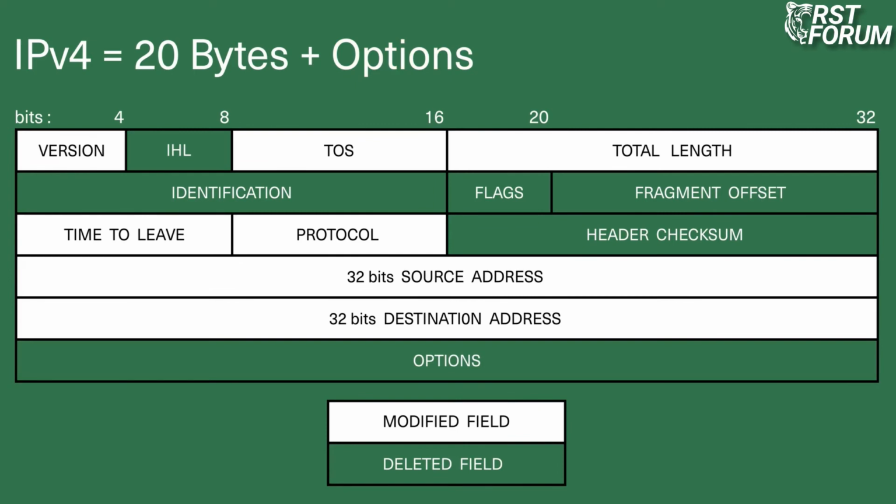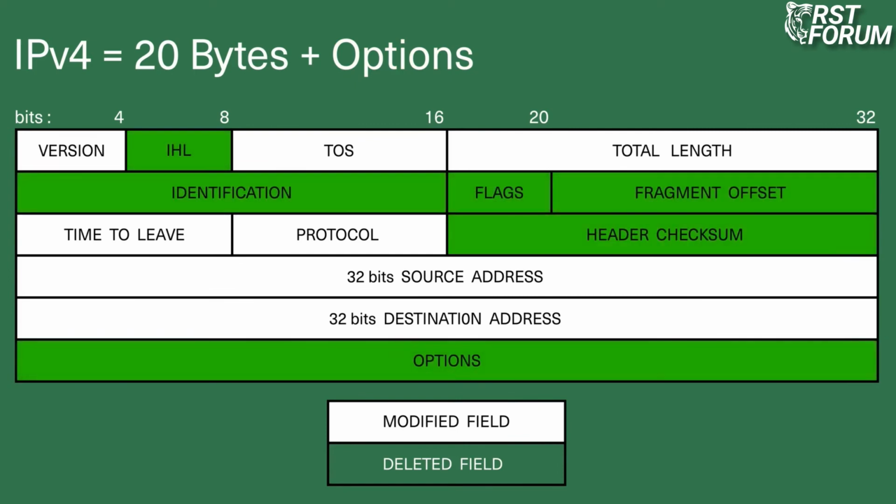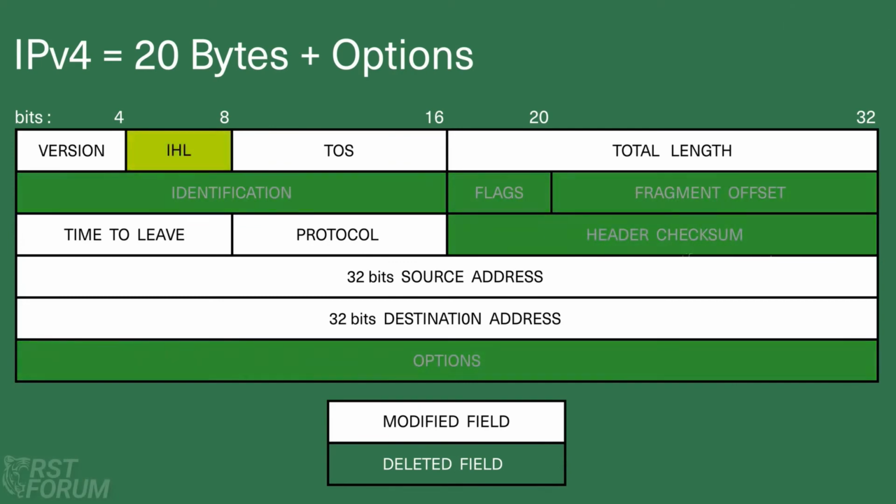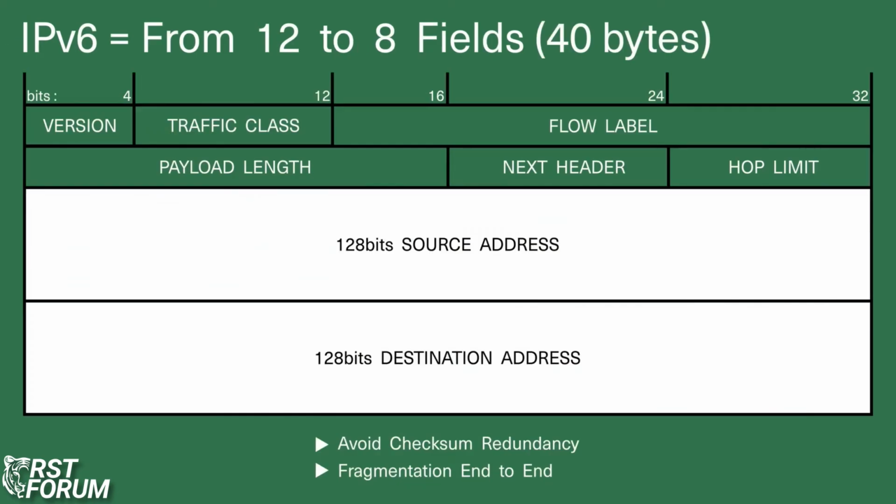Of the 12 IPv4 header fields, 6 are removed in IPv6. These fields are shown in green on the screen. The Internet header length field was removed because, unlike IPv4 header, that has variable length, the IPv6 header has fixed length of 40 octets. IPv6 routers do not process fragmentation, and hence does not have the related fields.